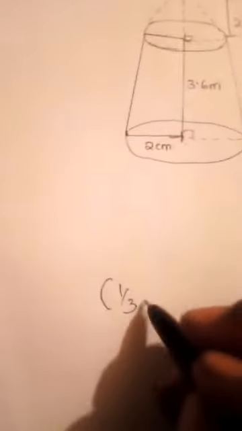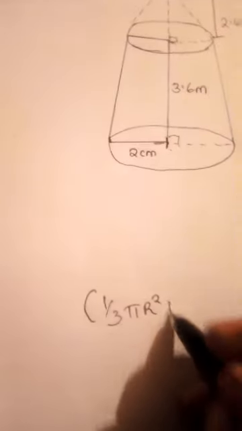So the formula is a third pi r squared h for the larger cone, minus a third pi r squared h for the smaller cone.